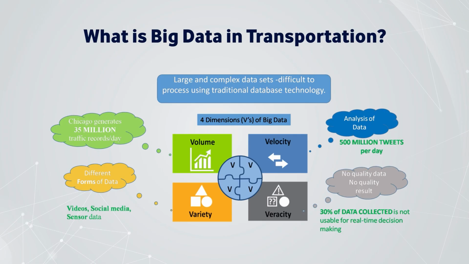And when we say velocity, for example, if you talk about the analysis of data, there are approximately 500 million tweets every single day. So there has to be a technology which can not only process these tweets in this case, but is also able to analyze those tweets or that data.